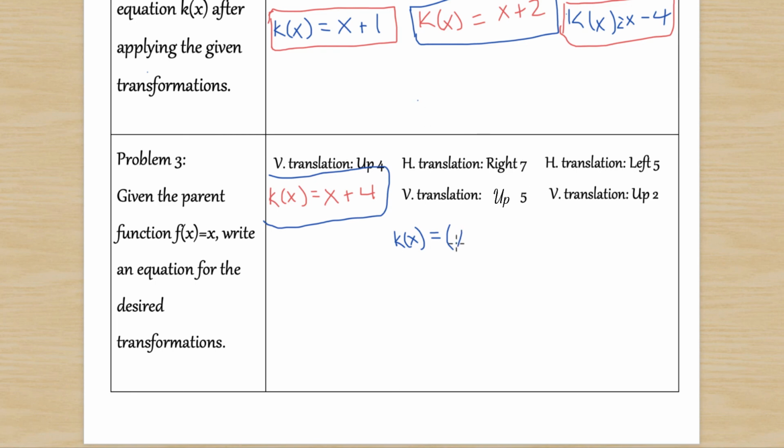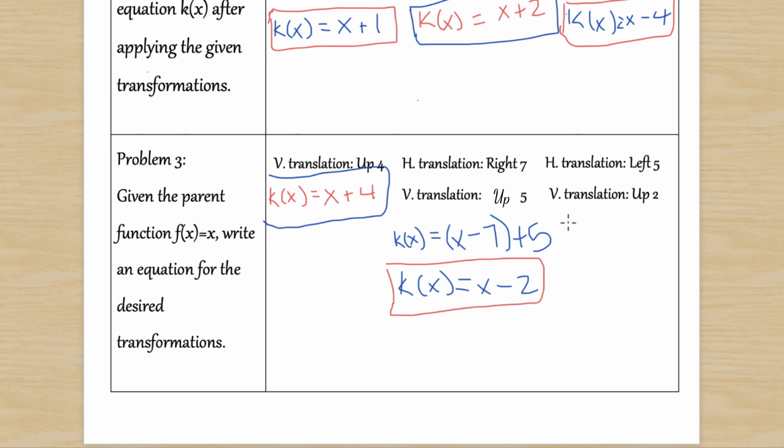So we're going to say x minus 7, and the vertical translation will be at the end as a plus 5. And we can simplify this, and we'll get k of x is equal to x minus 2. And that is the answer for this one.